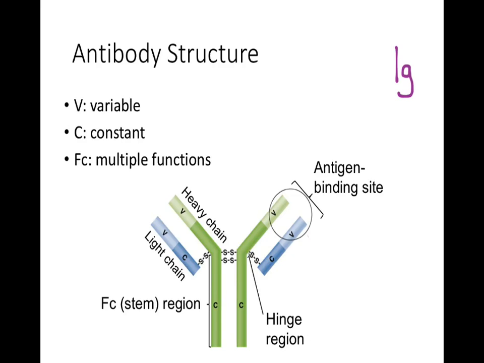And there are 5 different classes of immunoglobulin. I'm not asking you to know the different classes. But you may have heard terms like IgA, IgG, IgM, IgE, and IgD, which nobody really knows what IgD does. But each of them is involved in connecting the adaptive to the innate immune response.